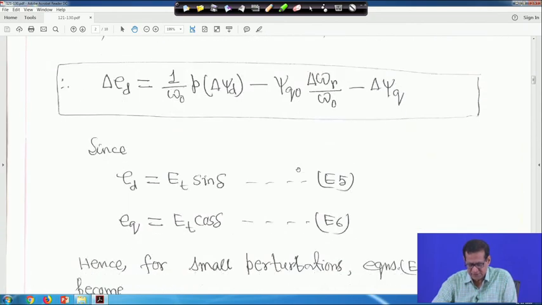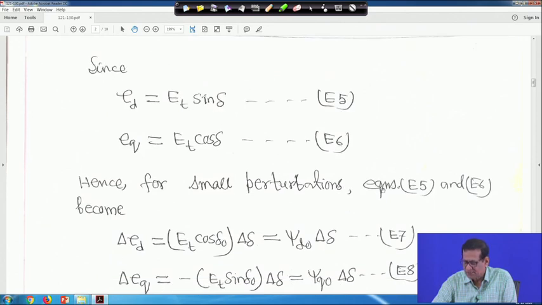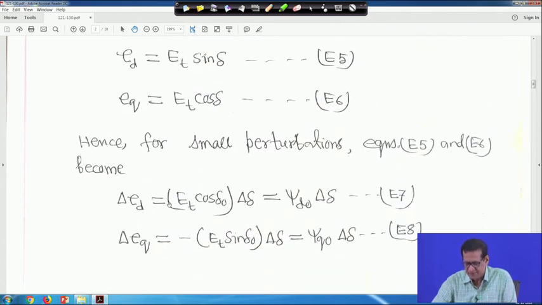So, now since we know that E d is equal to E t sin delta, that is equation E 5, and E q is equal to E t cos delta, that is equation E 6, hence for small perturbation of equations E 5 and E 6, it will be something like this. Delta E d will be E t cos delta 0 into delta. We have seen that E t cos delta 0 is nothing but psi d 0, as we explained just a few minutes before.